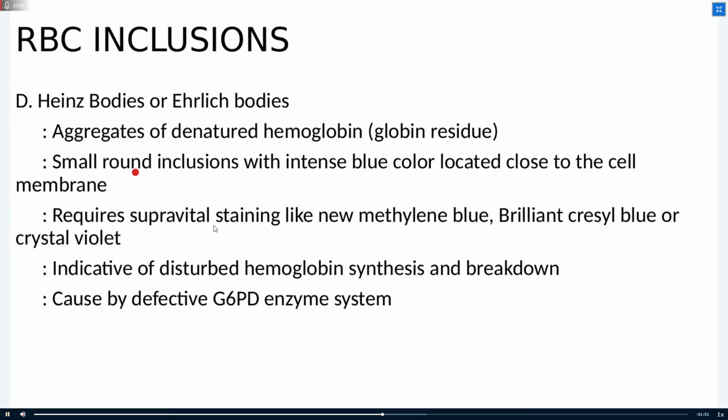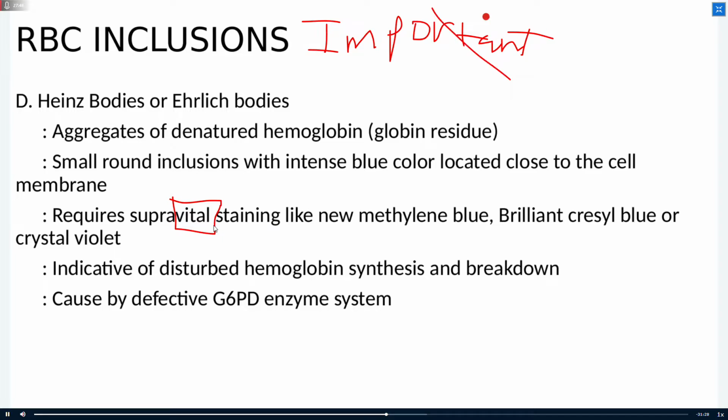They would appear as small round inclusions with intense blue color located close to the cell membrane. Requires supravital staining. Class, let's analyze the word supravital. What does vital mean? It's not important. What does vital mean?